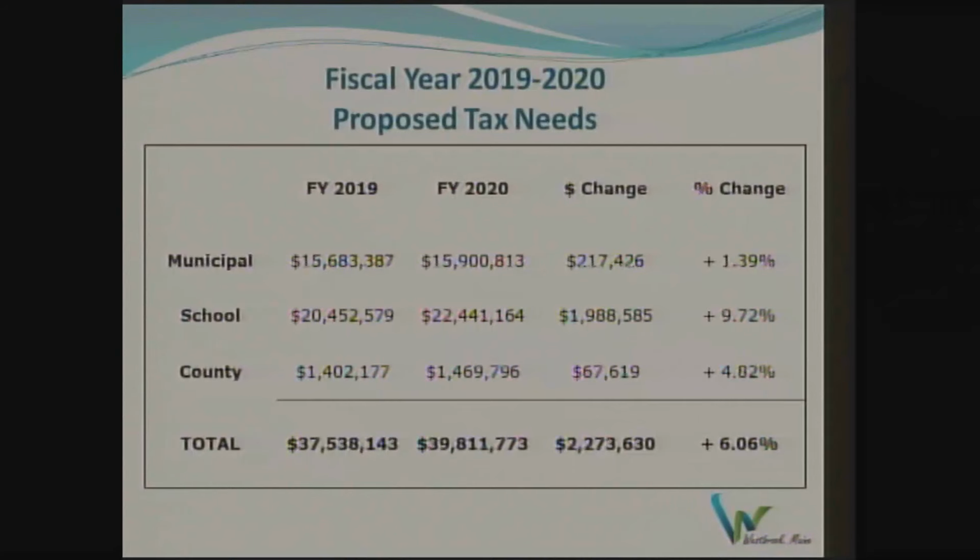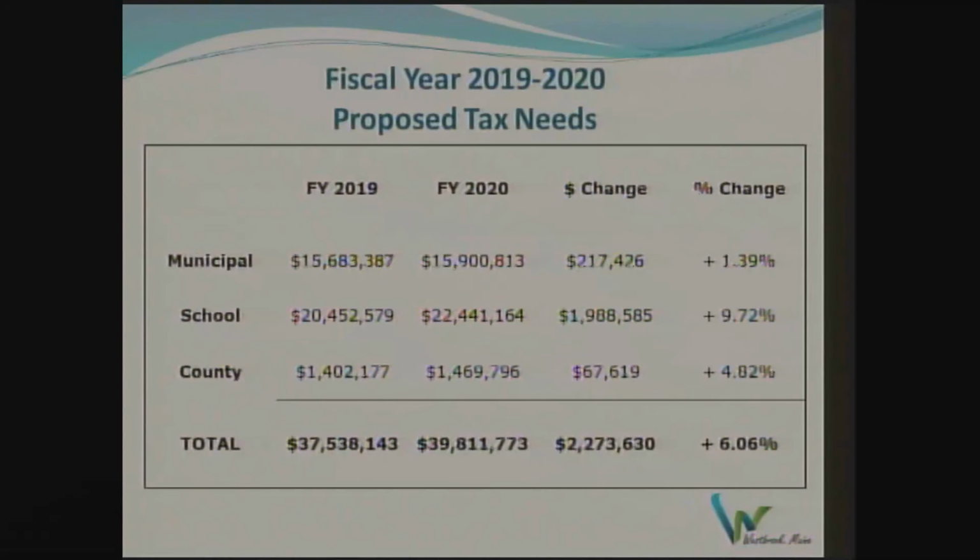The municipal tax needs of $15,900,000 are up $217,000, or 1.39% over the current year. School property tax needs of $22,441,000 are up $1,988,000, or 9.7%.